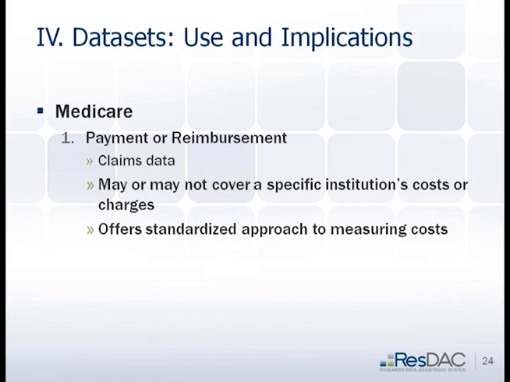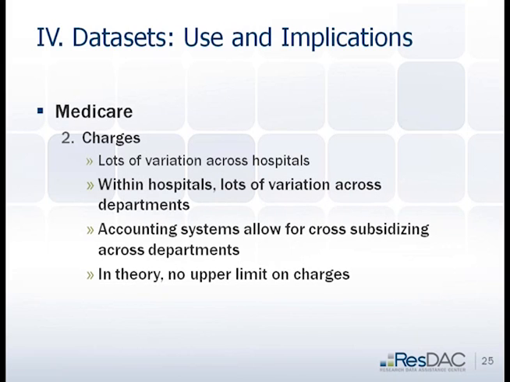Again, the payment or reimbursement information is in the claims data. It may or may not cover a specific institution's costs or charges, but it does offer a standardized way to go after costs. Those reimbursement rates do vary across regions, and we'll talk about that a little later today. But it's a standardized methodology for coming up with those reimbursement rates, and that's the advantage of using Medicare data.